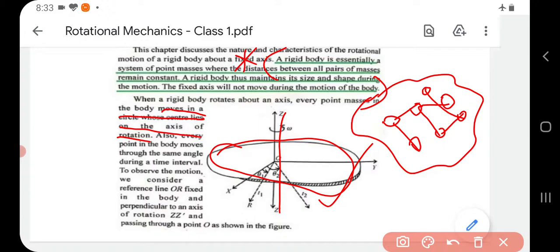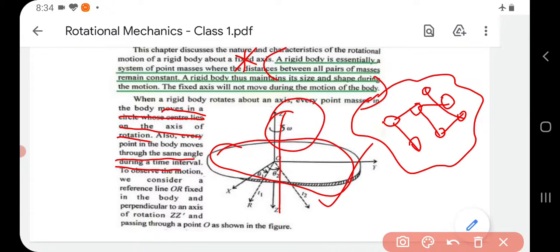Okay, we have already said that a rigid body is made up of a lot of point masses, right? So when such a rigid body rotates about an axis, each of these point masses will also move in a circle whose center lies on the axis of rotation. At the same time, each of these point masses will move through the same angle during a time interval.